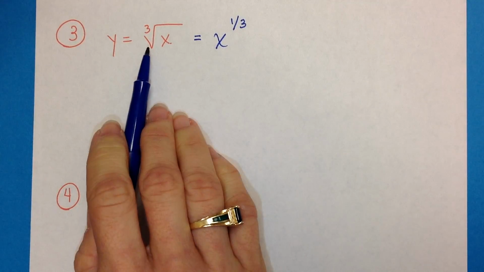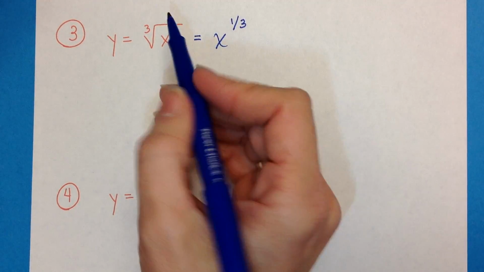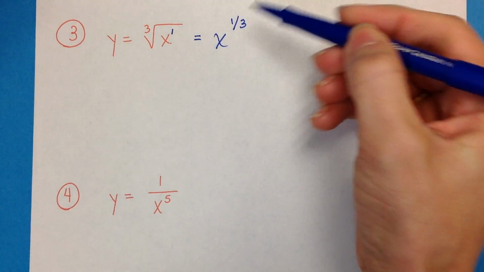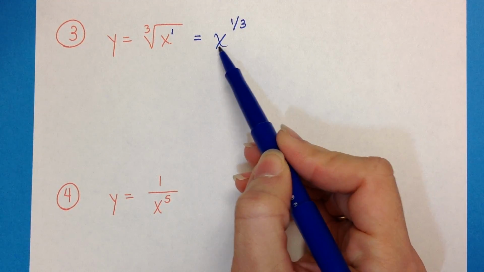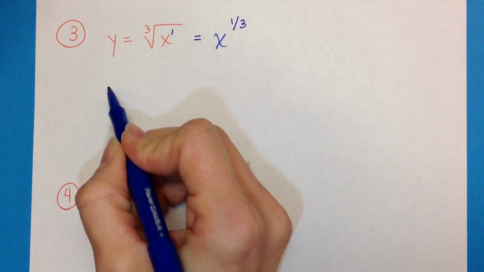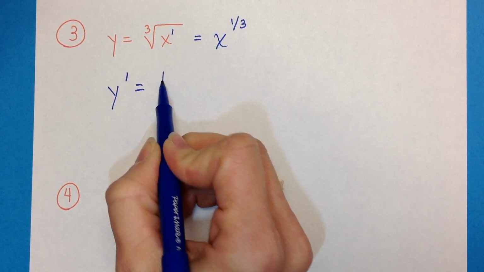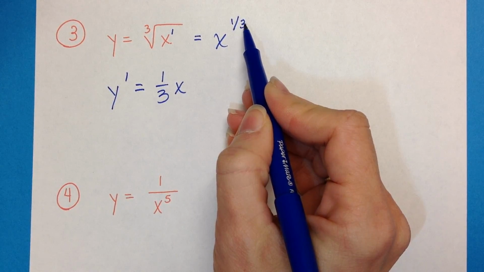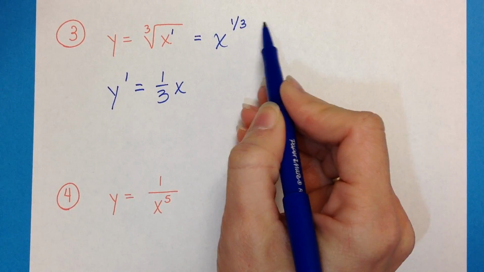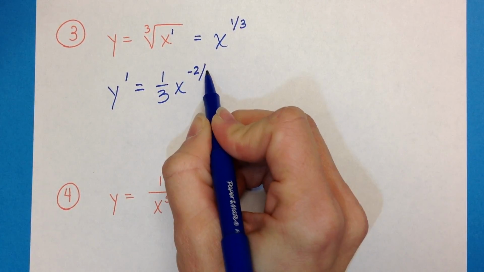Remember, you can always rewrite a radical with a fractional power. Of course, the x is understood to be to the first power, so that's where the 1 comes from. So now you do have x to a power, and you can use your power rule. So you take your power, bring it to the front, and then you have to decrease your power by 1. So you would have to do 1/3 minus 1, which is going to give you a -2/3.